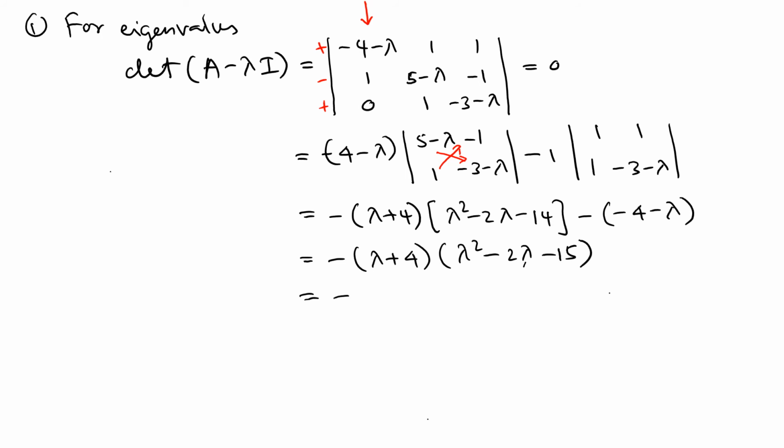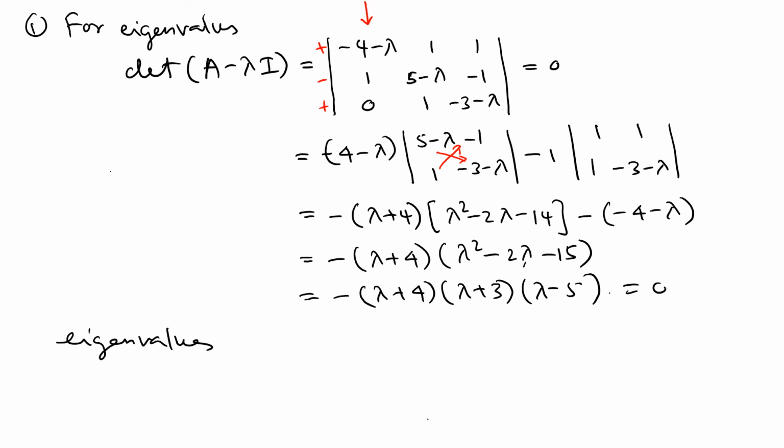The factors are lambda plus 4, lambda plus 3, lambda minus 5. You set this equal to 0, you get the zeros. So there are 3 zeros. So the eigenvalues are lambda equal negative 4, negative 3, and 5. And they are all distinct. Since they are all distinct, the corresponding eigenvectors are linearly independent.